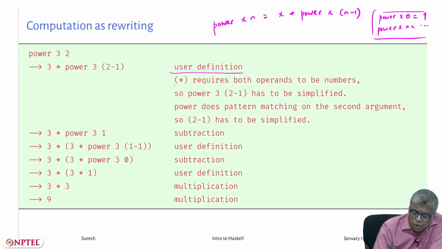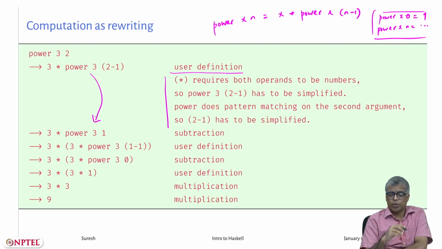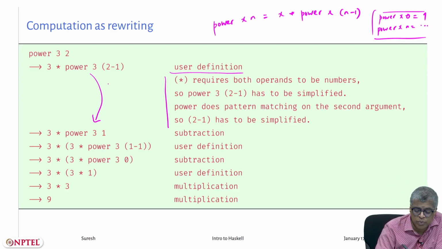But there is this whole line of reasoning for why you go from power 3 2 minus 1 to power 3 1. Okay. So, in Haskell, nothing happens without a reason, without being forced to happen, let us say.